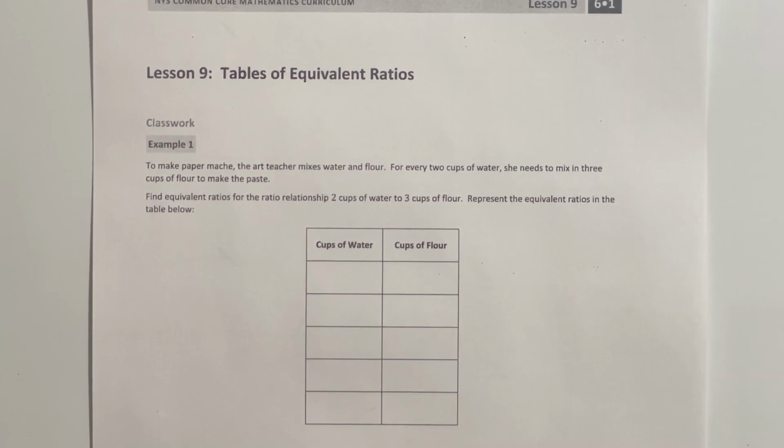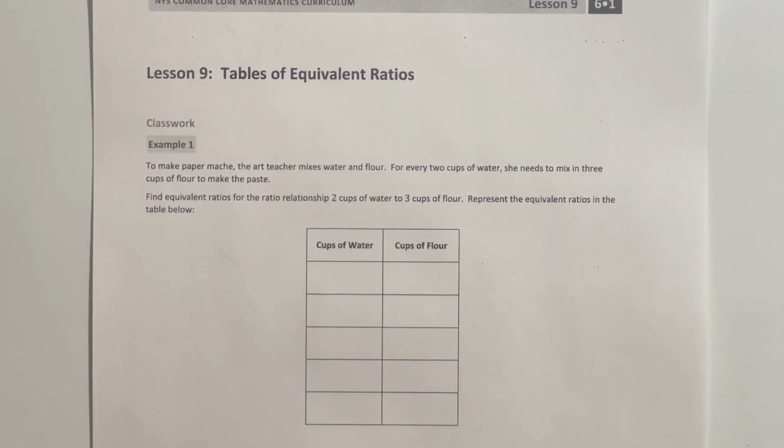Find equivalent ratios for the ratio relationship 2 cups of water to 3 cups of flour. Represent the equivalent ratios in the table below. Well, remember yesterday we were working on ratios and we also wrote them as fractions. So I think that's why my brain went to that.